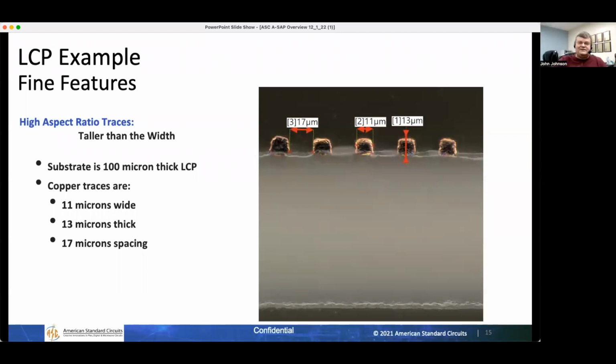Oh yeah, this is a sample on liquid crystal polymer material, and it's showing a 4 mil thick, 100 micron thick substrate. It shows how far away these traces can be from a plane layer, where they can actually be very tight, very close to each other. 17 micron in this case, and 11 micron wide traces, 13 micron high.